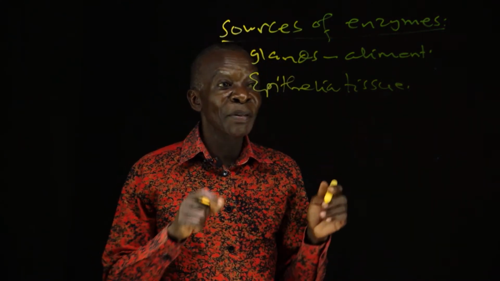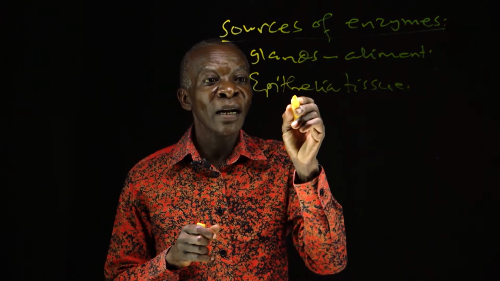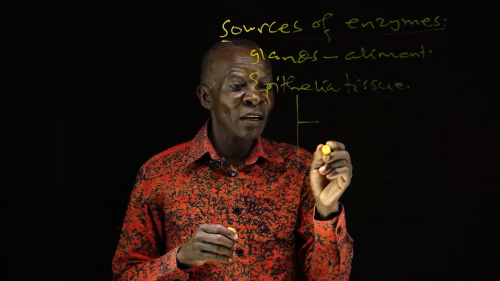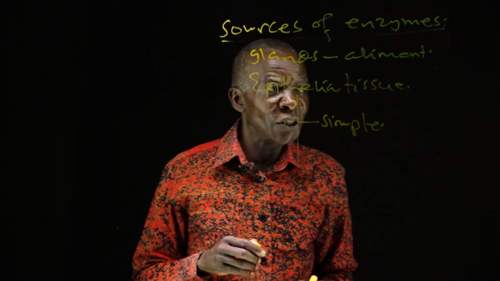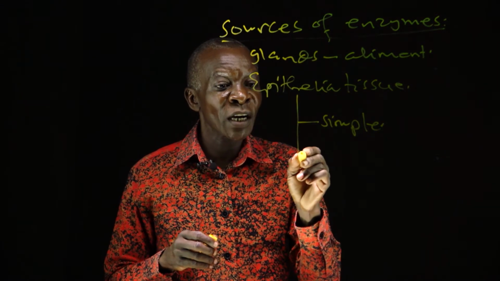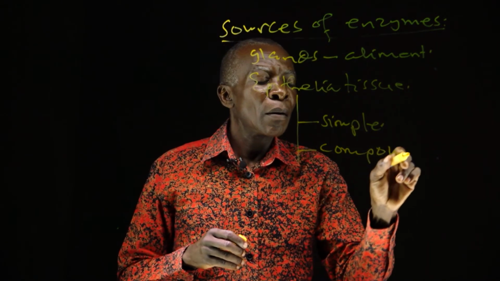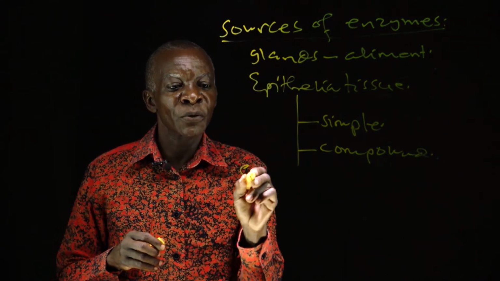And this epithelial tissue, histologically, is classified into two categories. We have the simple epithelial tissues, but also we have the compound epithelial tissues.